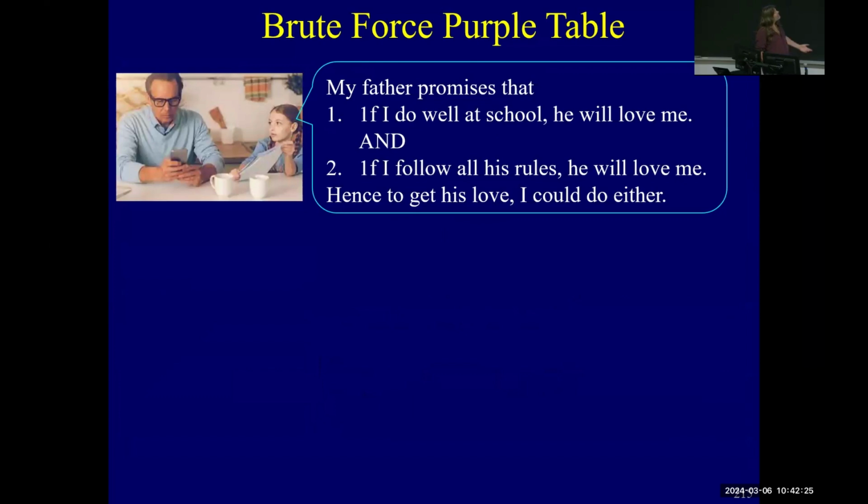All right. So this was our father, right? He says, oh, this is the nice father, right? The nice father says that if you do well at school, I will love you. And he tells you, and if you follow my rules, I'll love you.